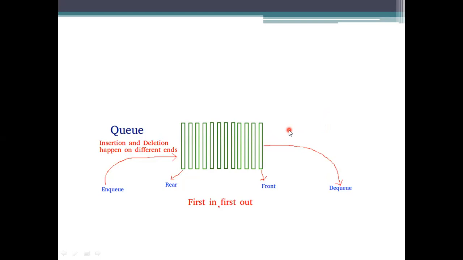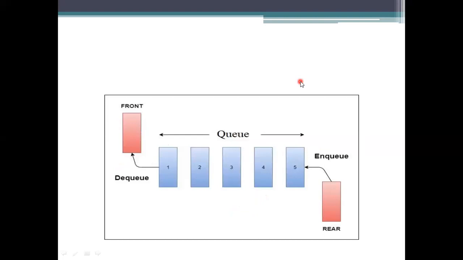But in the queue, when inserting values, that is enqueue, we use the rear end, and the first element in is the first element to be deleted. If you see the next slide, you will get a clear idea.